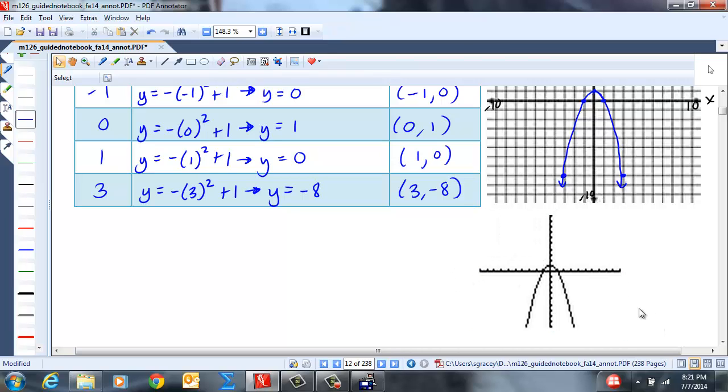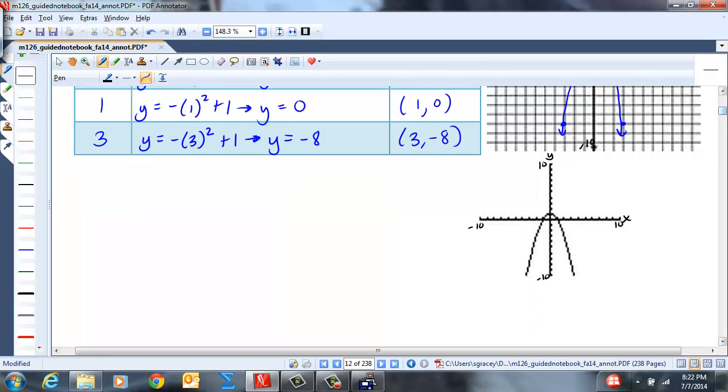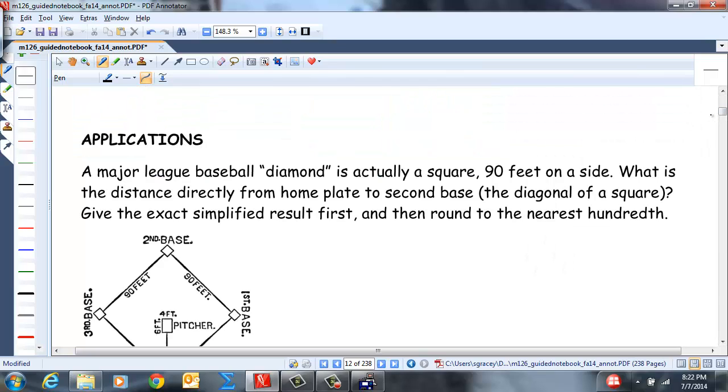All right, so there's the graphing calculator graph, and again, the scale we did on this one, this is x, this is y, 10, -10, 10, -10. Alrighty, so we will wrap it up with an application down here.